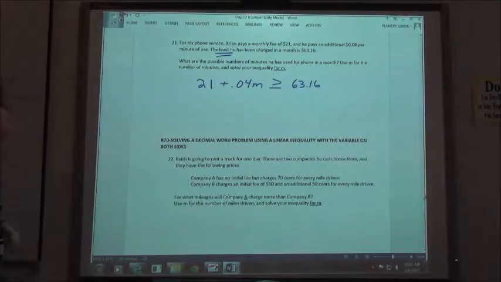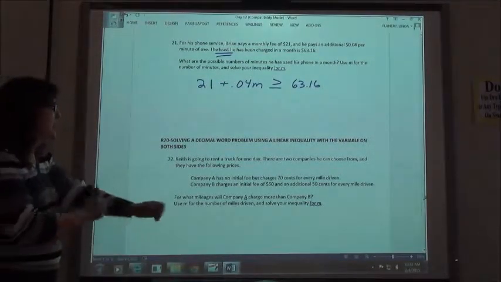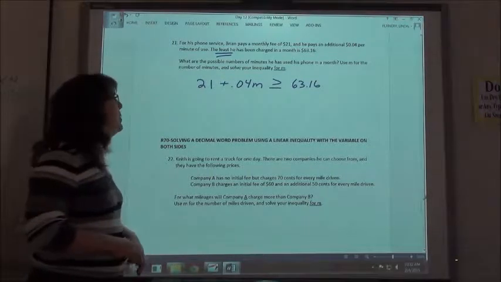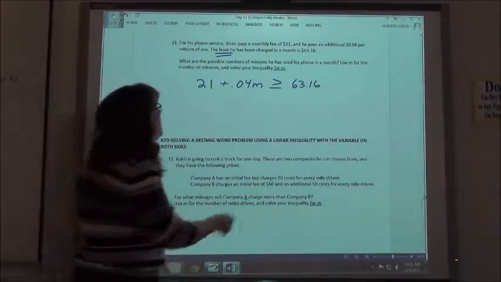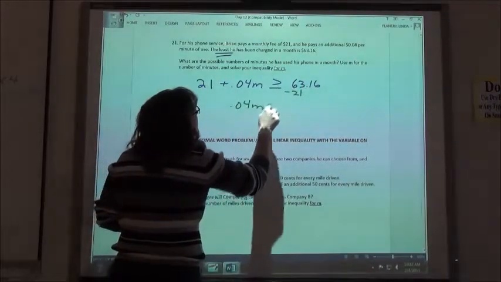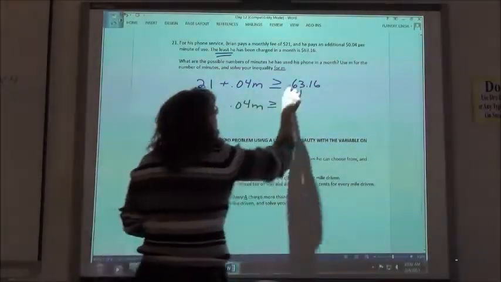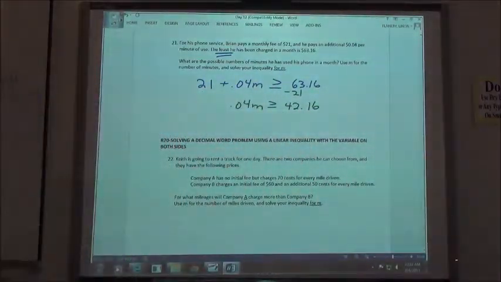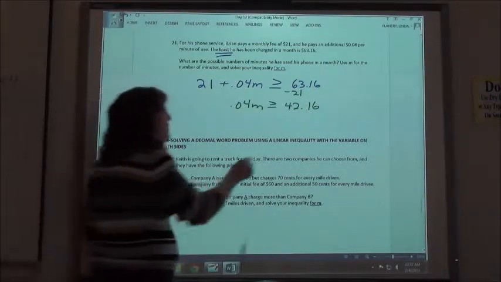So we want to solve that for M. The first thing we would do is subtract the 21. So 0.04 M is greater than or equal to 42.16 if I subtract that. And then we're going to divide by our 4 cents.